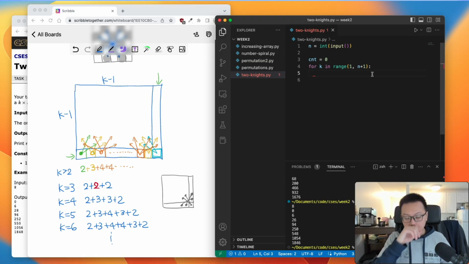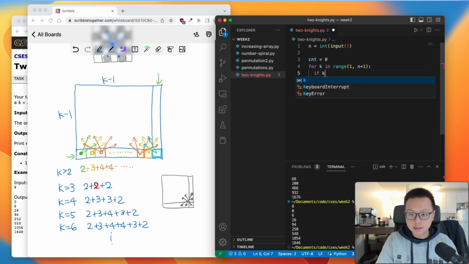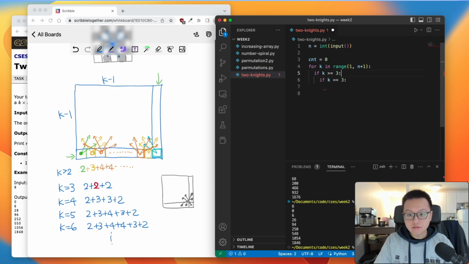Okay, so let's try this. We only do this whenever k is at least 3. If k is 3, the count when at least one knight is in the last row is 2 plus 2 plus 2.